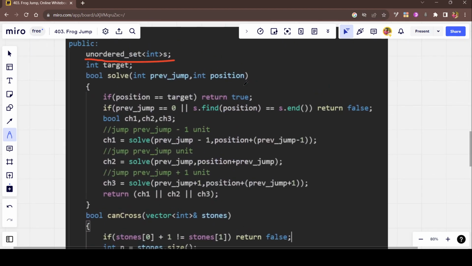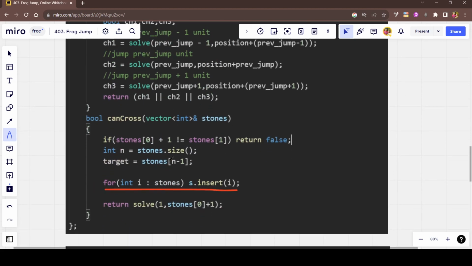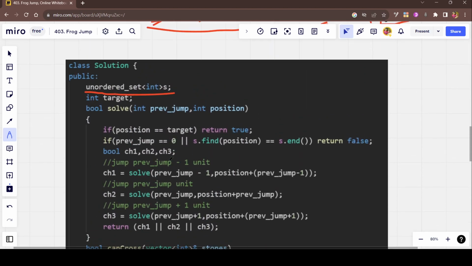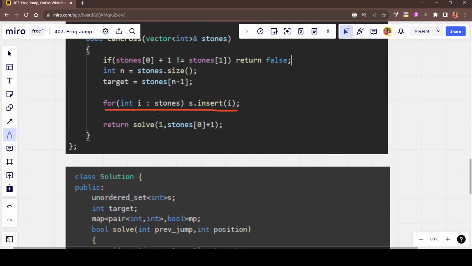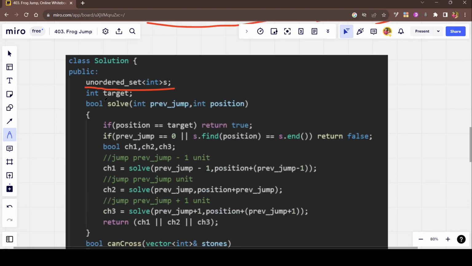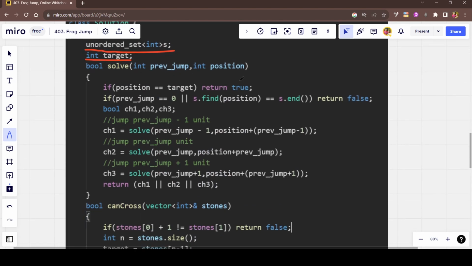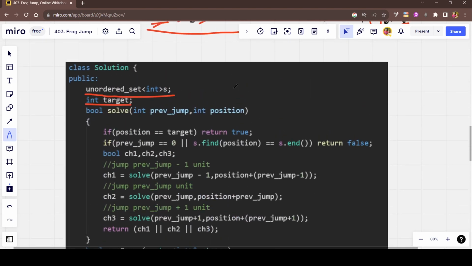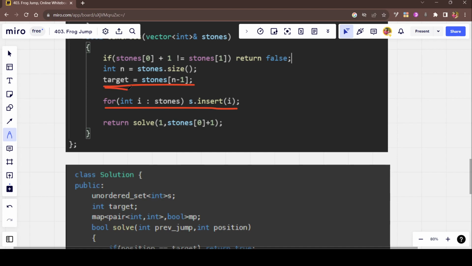So I can have a set by which I can assure whether it is safe or not. And I have a target globally, so that I can avoid passing the parameter. I have a target, stones n minus 1.